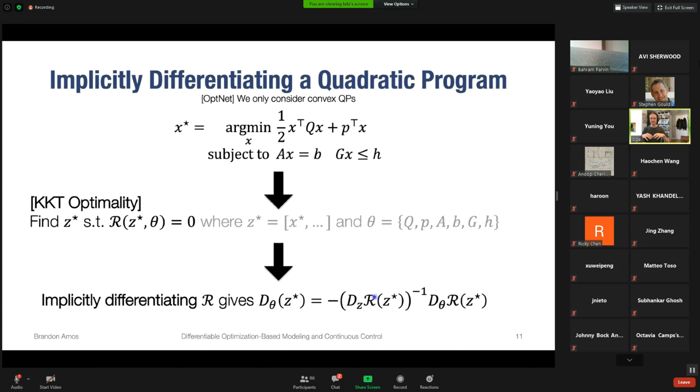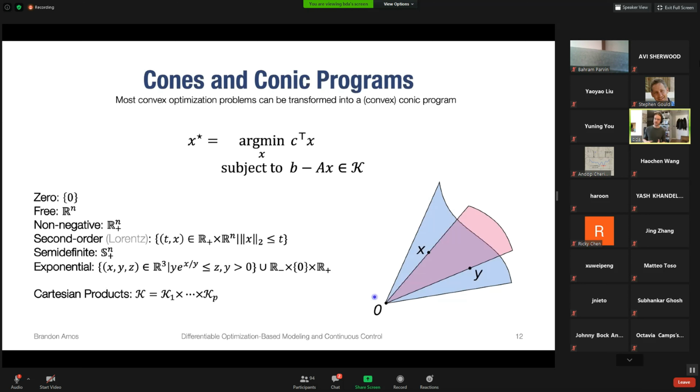Now generalizing beyond this class of quadratic programs, because not every problem is a quadratic problem, it's definitely worth thinking about how to differentiate through more complex optimization procedures, and long-term, even non-convex optimization procedures or certain other more general classes. The only generalization I'll show in this talk is on conic programs, which subsume a lot of convex optimization problems.